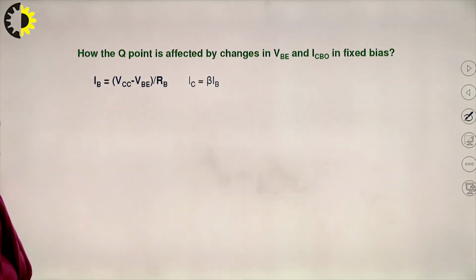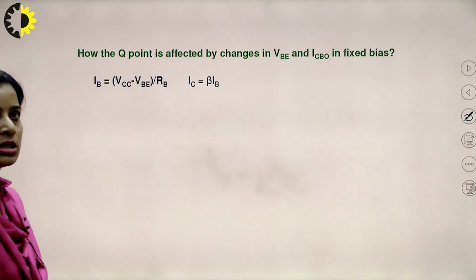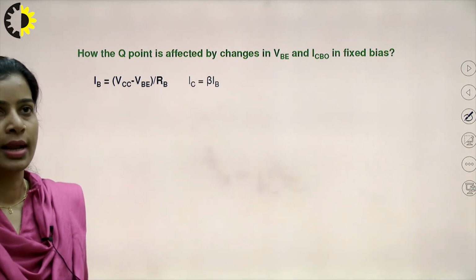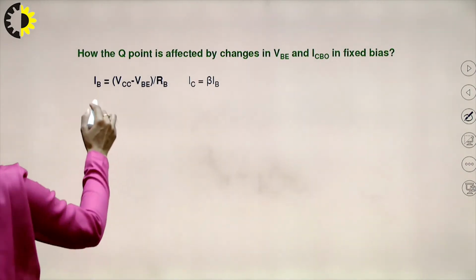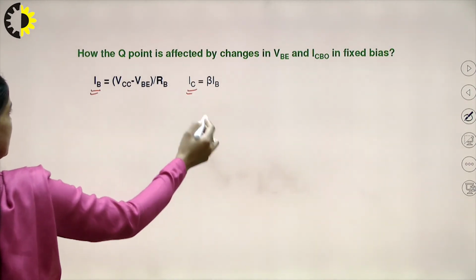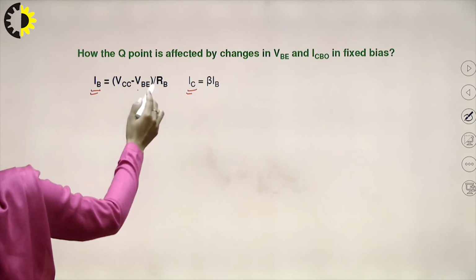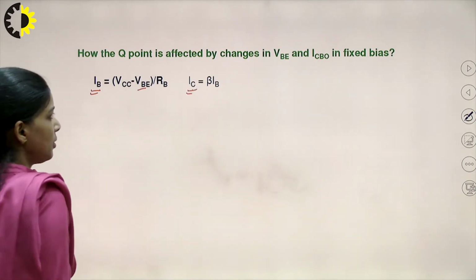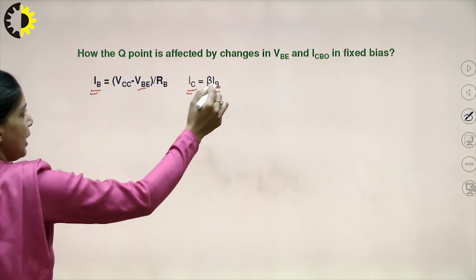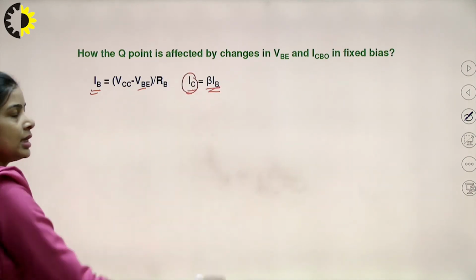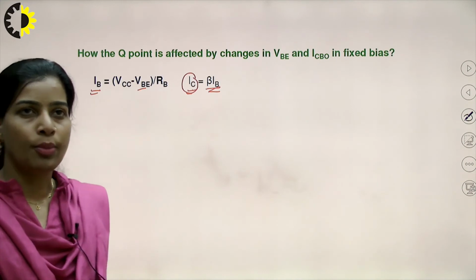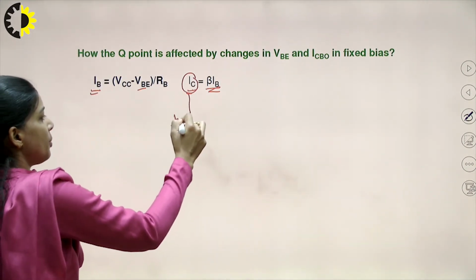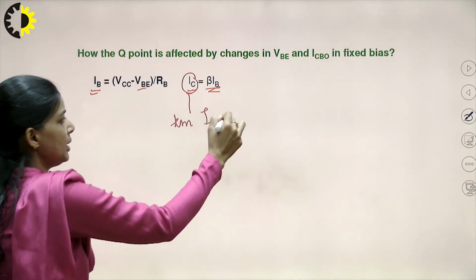The next point is how the Q point is affected by the change in VBE and ICBO in the fixed bias configuration. IB we have this and IC is this. Here we can see IB is dependent upon VBE and IC is related to IB, and we know that IC is dependent upon the temperature and also upon ICBO.